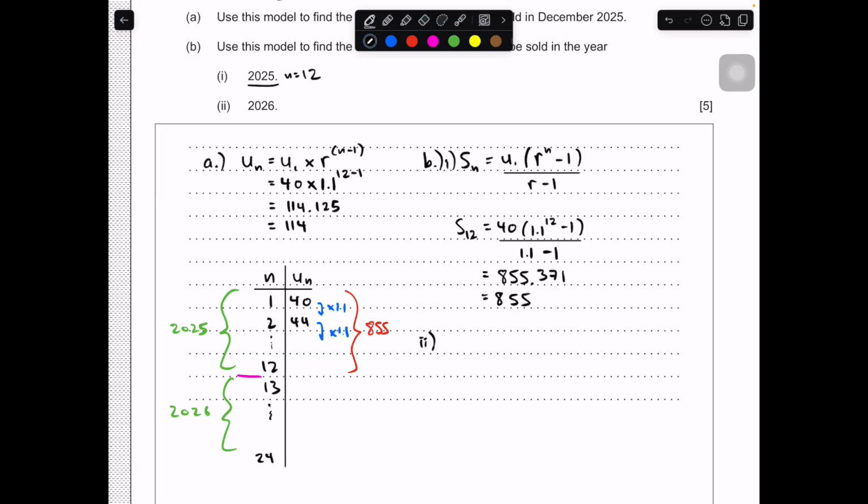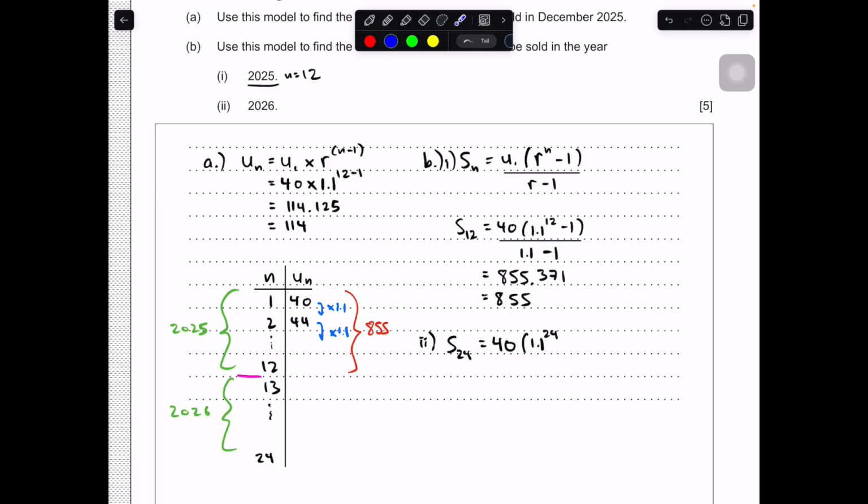So let's go ahead and do that. Let's try that method. So the sum of the first 24 terms is equal to, we're drawing on this formula right here, U1, R is still 1.1, N in this case is 24, right?